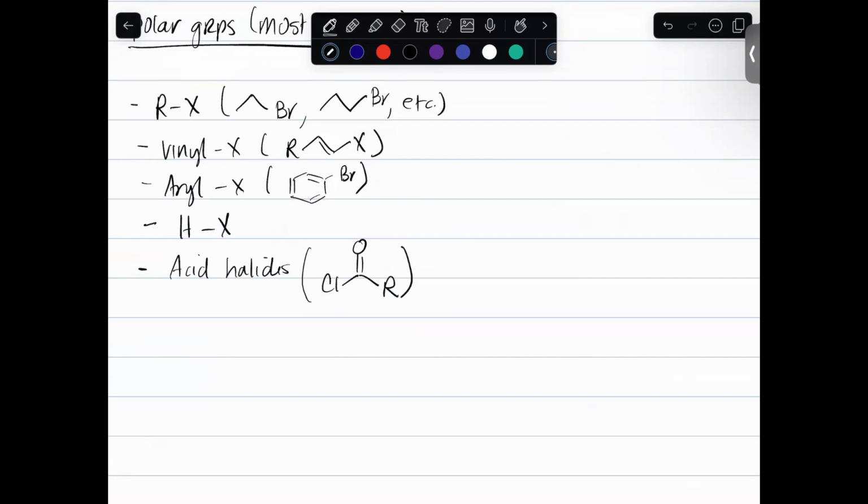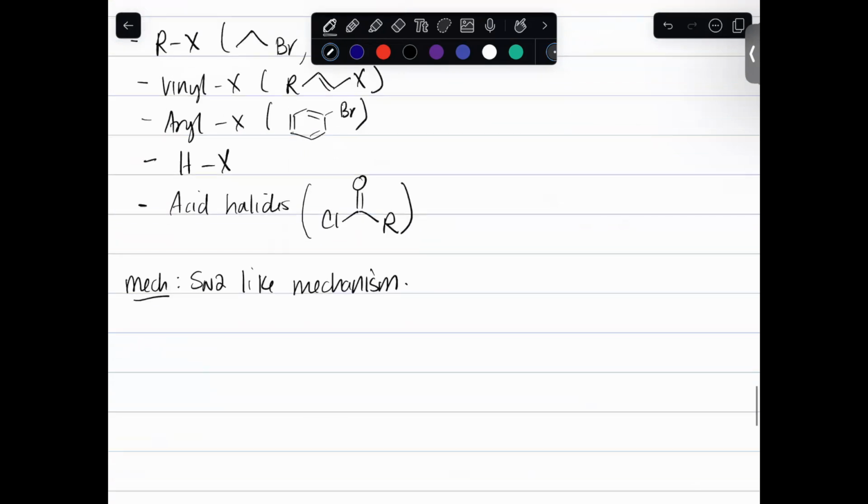These are probably the most popular polar compounds or polar groups that you can use. Now, it's theorized that the mechanism is an SN2 or SN2-like mechanism when it comes to these groups. And what I mean by this is that the metal usually comes in with at least 2 electrons.